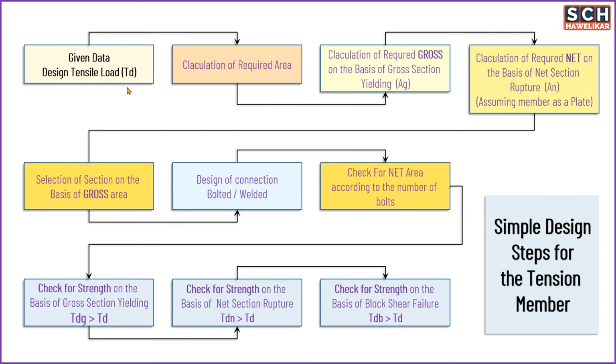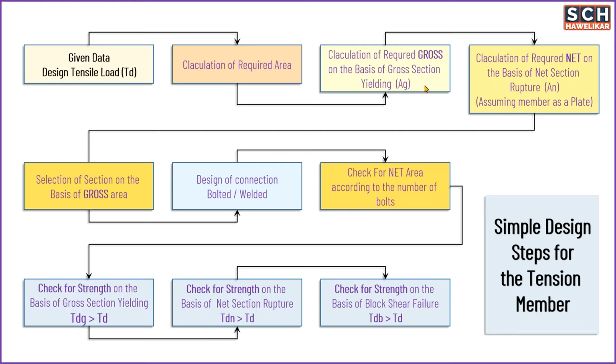On the basis of that load, we need to calculate the required area, and that required area depends upon the gross section yielding and net section rupture. The gross section yielding formula gives the gross area AG, whereas the formula for the net section rupture gives the net area AN.